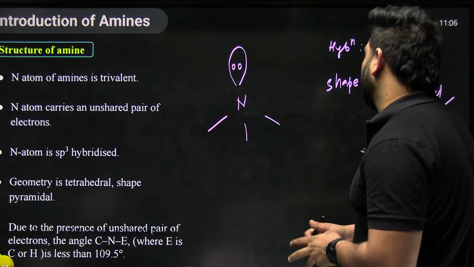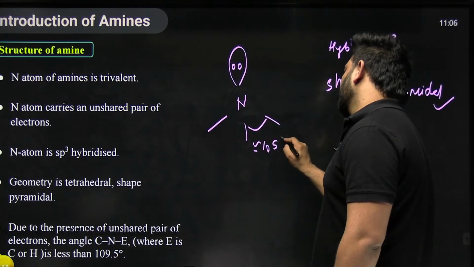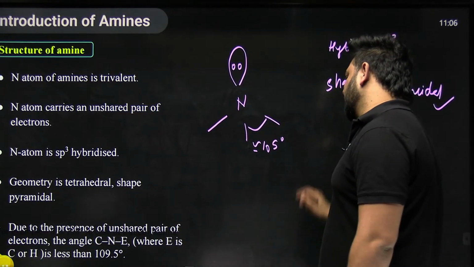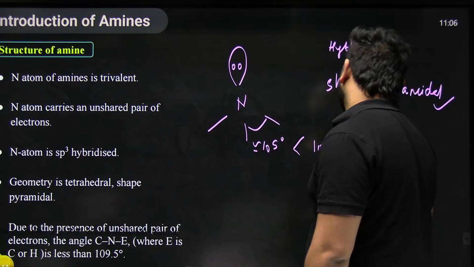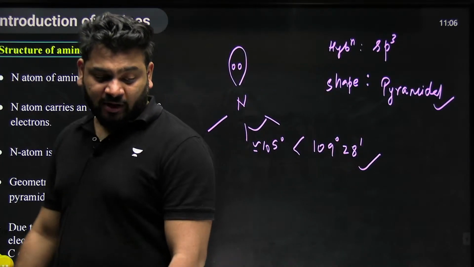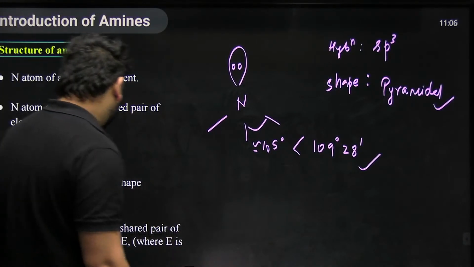This angle is nearly 105 degrees, not exactly 109 degrees 28 minutes, which is the bond angle found in normal tetrahedral geometries. Okay, so that is what the structure is all about.